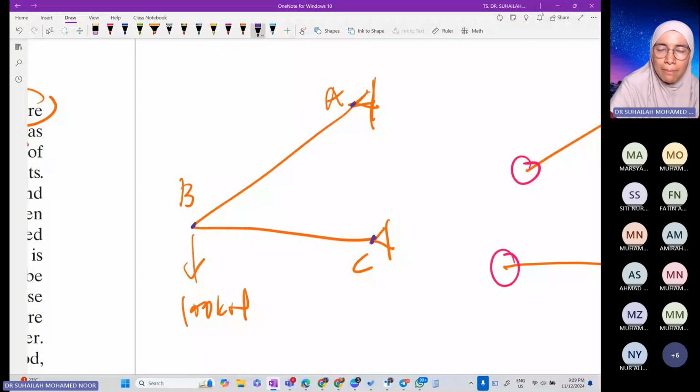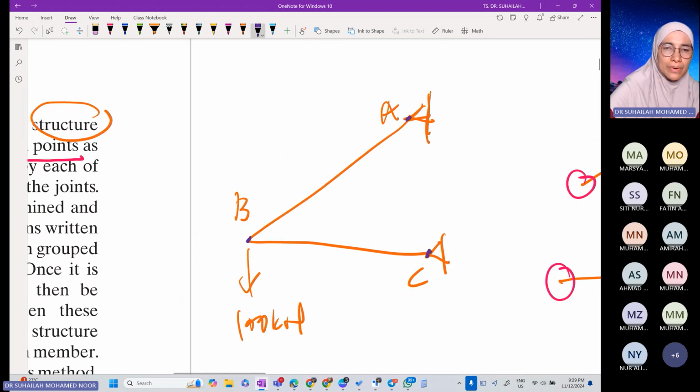Member AB, member BC. The length for member AB is 10 meter, for example. The length for member BC is 5 meter. So, member AB and member BC in stiffness method, kita tak sebut dia as member, but we use element and we use numbering. So semua ni yang ABC ni semua tak pakai in stiffness method because we use numbering.